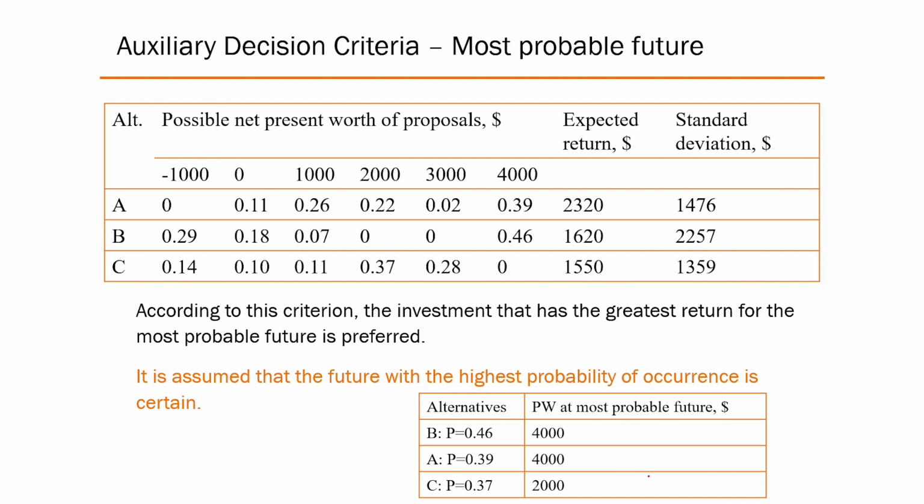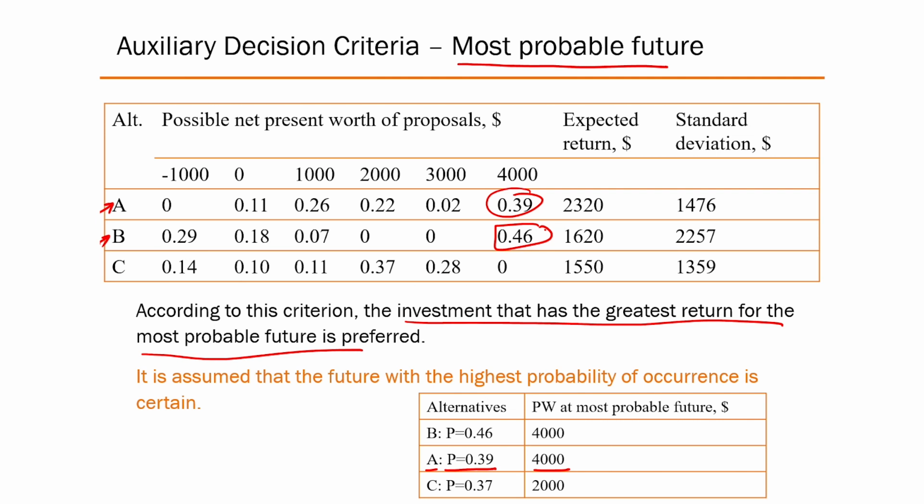Another auxiliary decision criterion that people often use is something called most probable future. So what do they do? According to this criterion, the investment that has the greatest return for the most probable future is preferred. So for A, what is the most probable future? $4,000, with probability 0.39. With B, what is the most probable future? $4,000 with a probability of 46%.